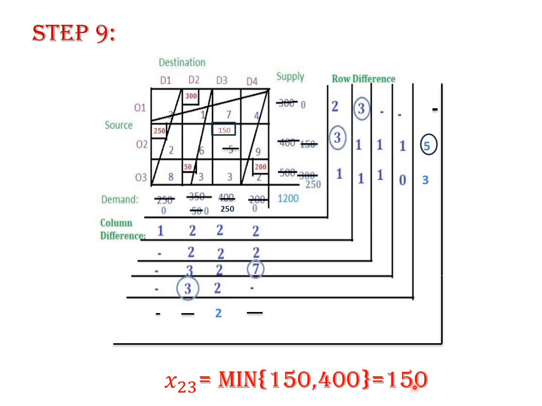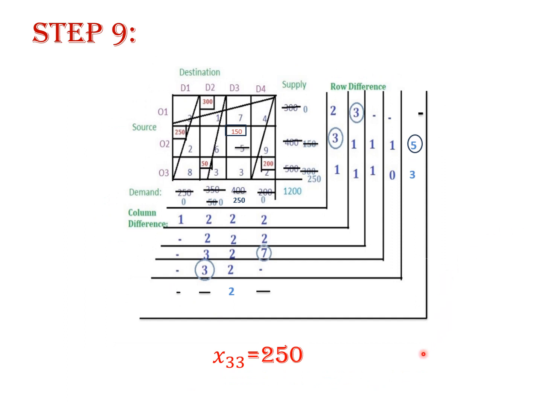So, we cross off the second row. Next, the last value, the only one value is 3. It is in the third row, third column. x33 is equal to 250. So, the value is 250.